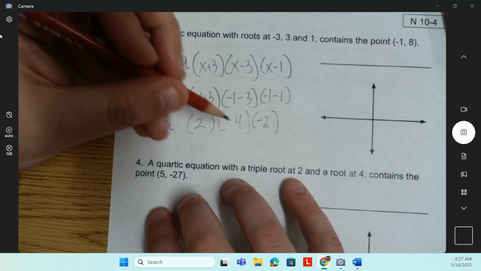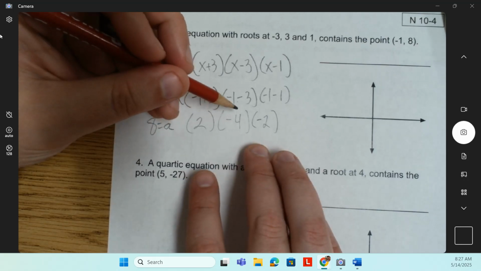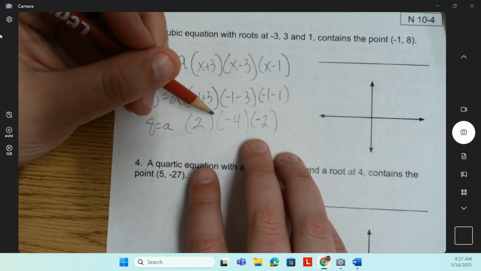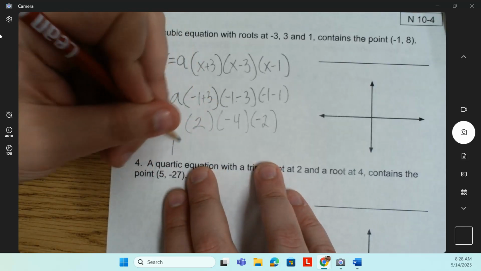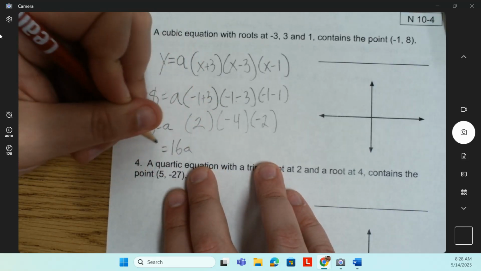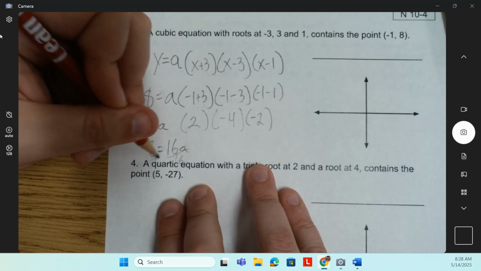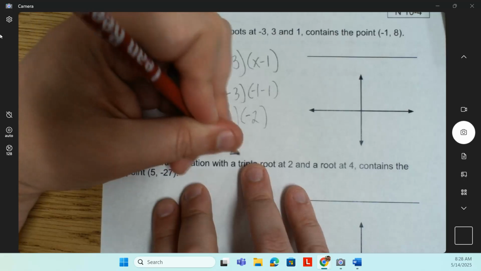So then I'll multiply negative 4 and negative 2, or 2 and negative 2 gives me negative 4. And negative 4 and negative 4 gives me a positive 16. And when I divide that, 8 divided by 16, a is going to be 1/2.